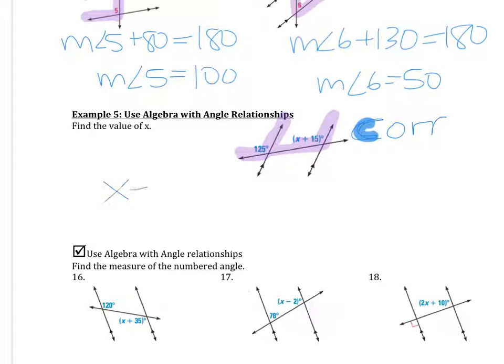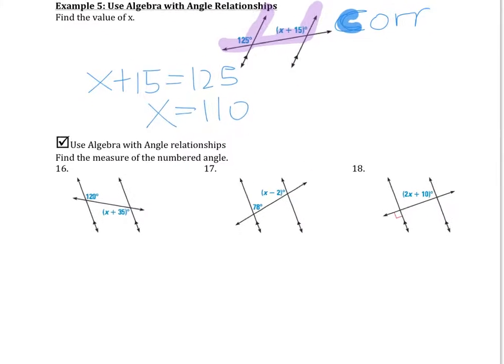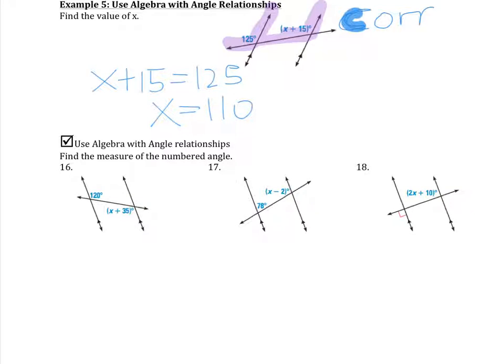So that means they are congruent. So go ahead and see if you can do the algebra relationships. Remember to identify the type of angles you have and then determine if they are congruent or supplementary.